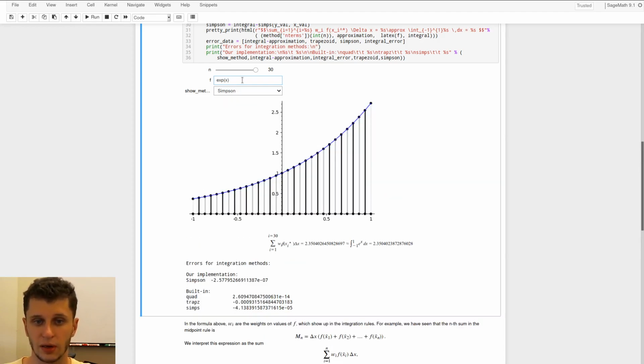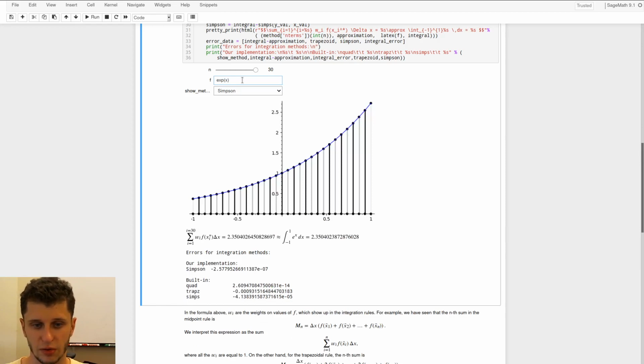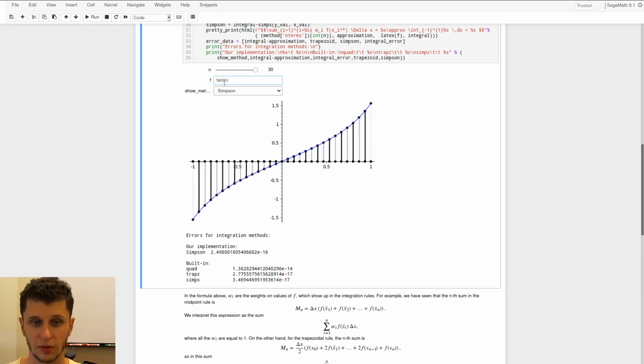So for example, we just tried sine of x, here is cosine of x. You see that the built-in method consistently gives an error of 10 to the negative 14, pretty much no matter which function I put in, assuming it's a nice function.